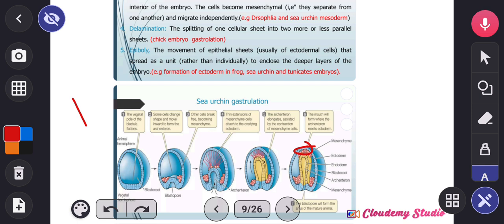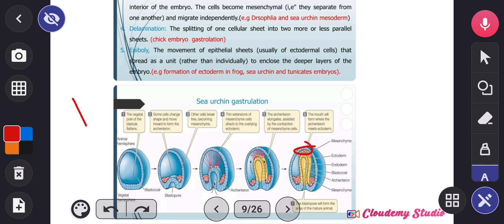Delamination is the splitting of one cellular sheet into two or more parallel sheets. And we have epiboly. Epiboly is the movement of an epithelial sheet that spreads as a unit to enclose the deeper layers of the embryo. This is also seen in gastrulation in amphioxus, where there will be spreading of cells across the embryo.